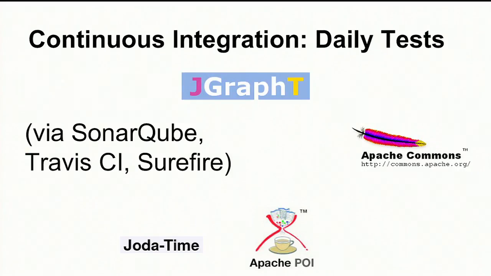And almost half of them have daily tests. And because they're open source projects, they can get other people to contribute infrastructure to them. For instance, Surefire is one service that provides test case running for open source projects. SonarQube does, as well as Travis Continuous Integration. So there's quite a bit of continuous integration, but it's not everyone that runs it.